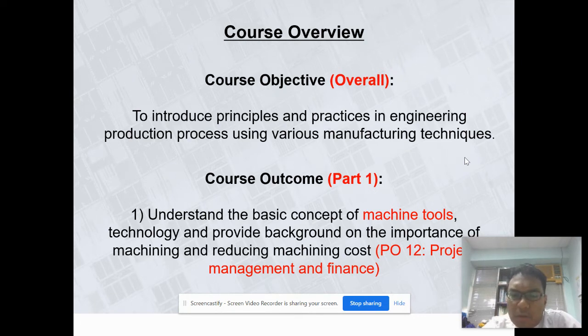Basically this explains more about the machining process, such as using the CNC machine, what the problems are, and what advanced technology we currently have. It also includes some calculations you have to know when you become an engineer, on how to produce a part at minimum cost but with higher productivity and higher production.